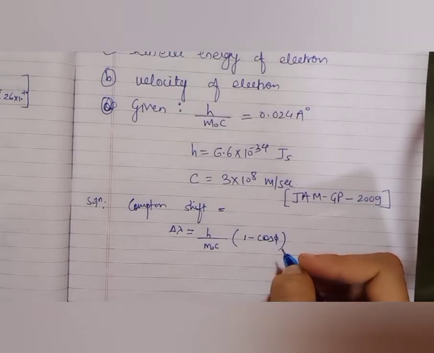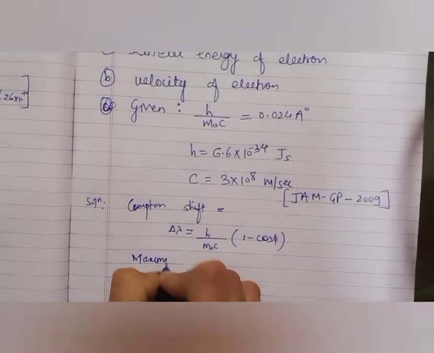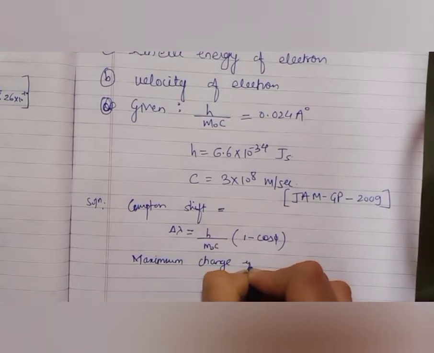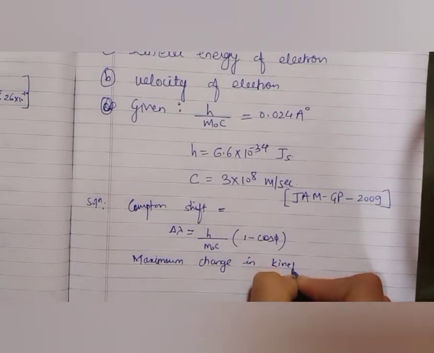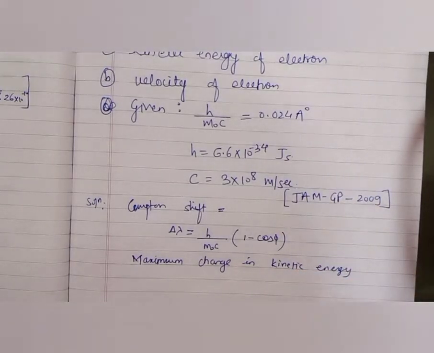What is asked is to determine the maximum change in kinetic energy of the electron and the velocity of the electron. So the maximum change in kinetic energy corresponds to the maximum change in wavelength.